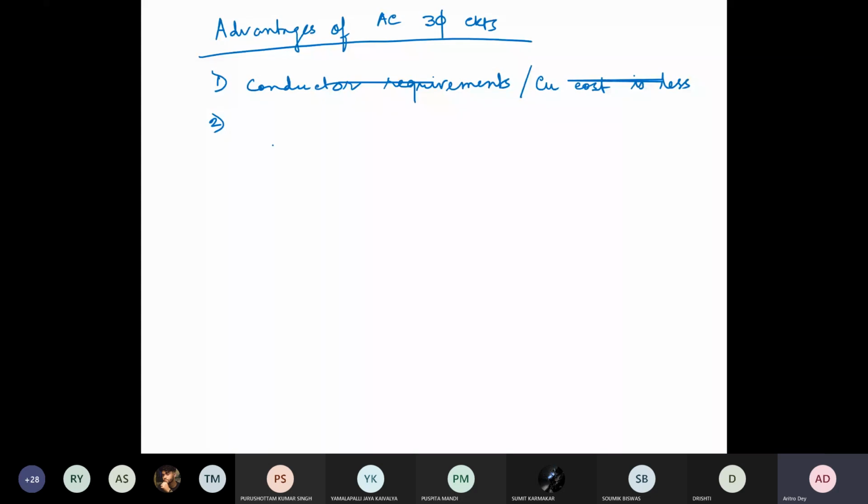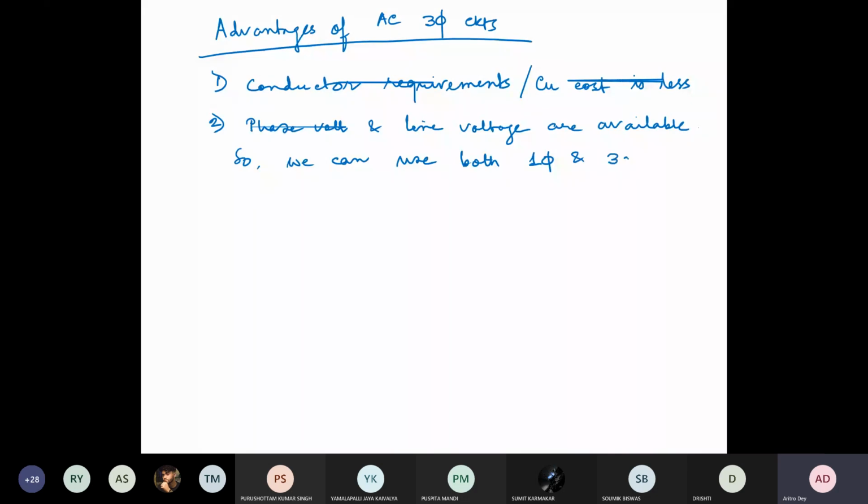We'll show it later that because phase voltage and line voltage are available, we can use both single phase and three phase load if we have a three phase four wire distribution system.